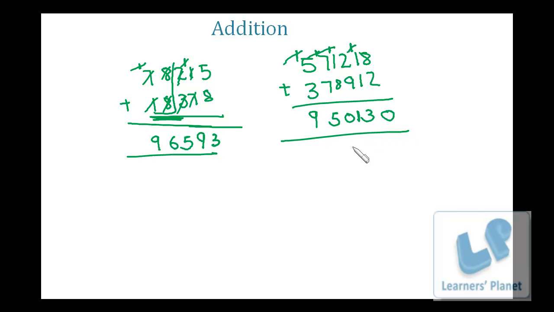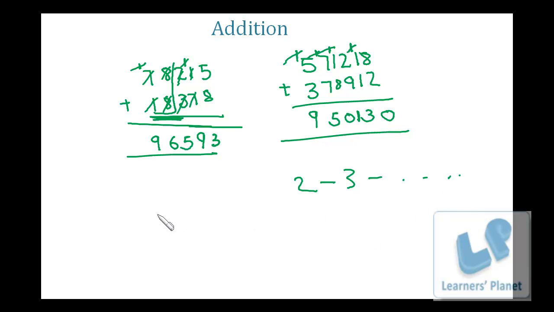So children, over here, learning how to add, we get this done over here. So we've learned how to add 2-digit numbers, 3-digit numbers, and so on. Okay, you can add as many digits as you want.